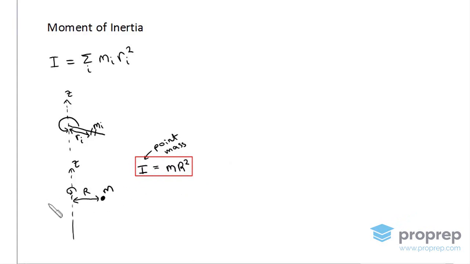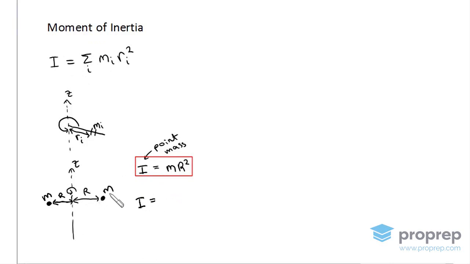Now what happens if I add in another point mass of equal mass m, the same distance r away from the axes of rotation? What will my moment of inertia be for this system of two point masses rotating around? As we can see from the equation, it's the sum of m r squared.